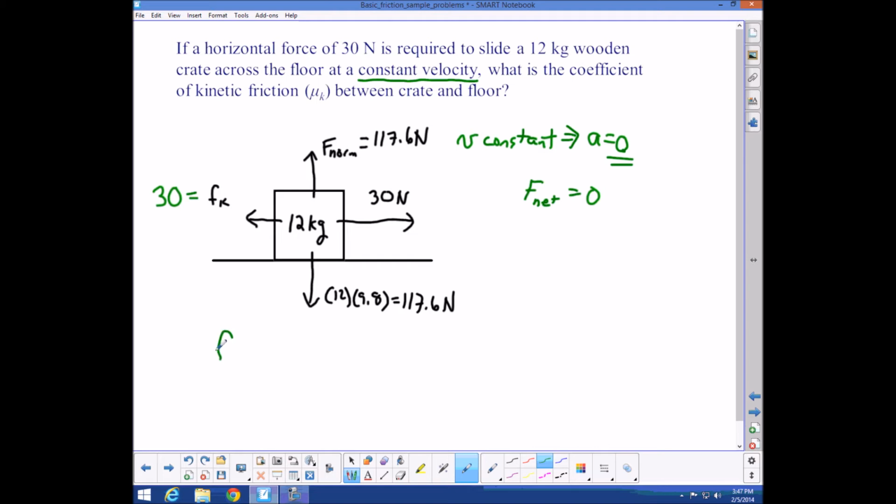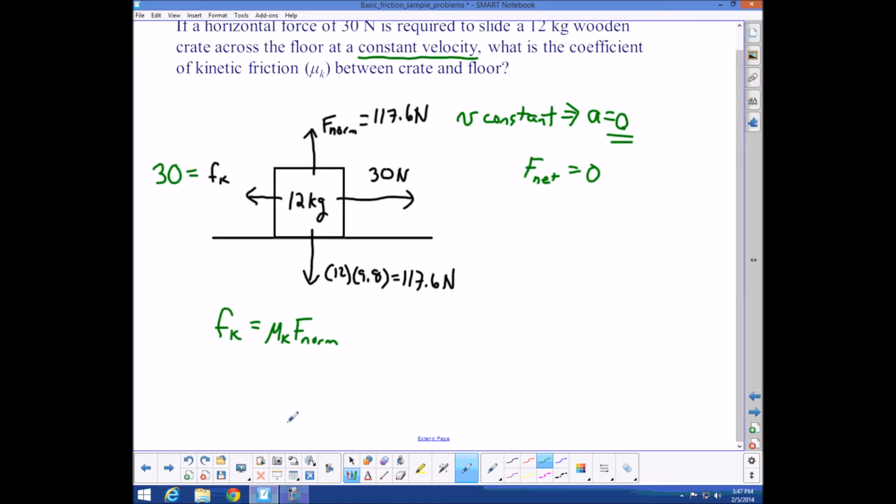And so then using the equation that the force of kinetic friction equals the coefficient of kinetic friction times the normal force, we're able to go through and solve for the coefficient of friction. We know that the force of friction is 30 newtons.